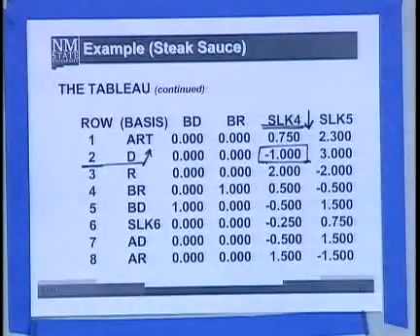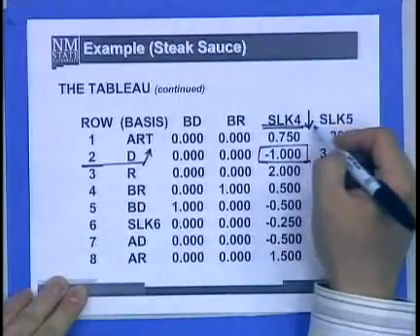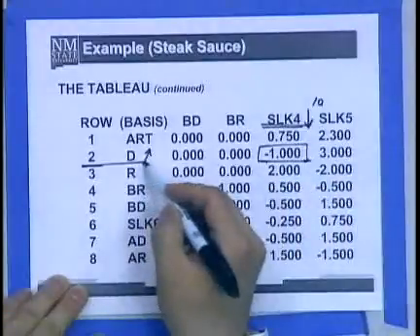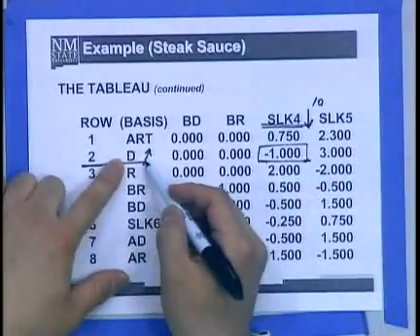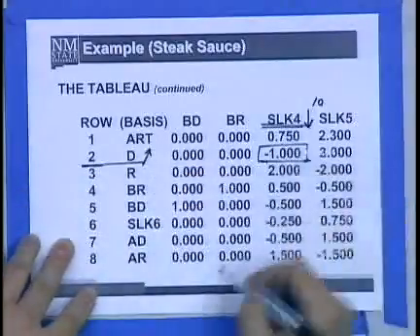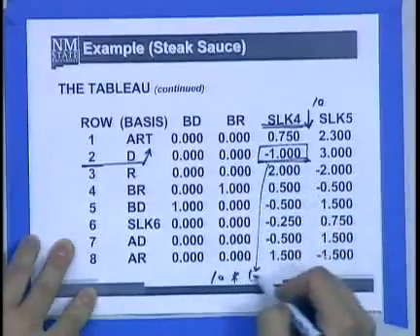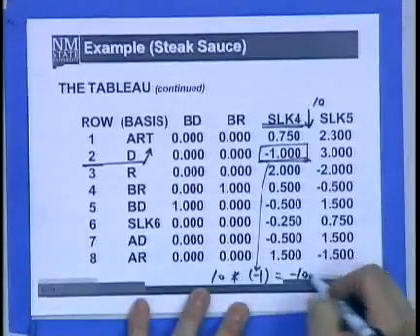So if the variable slack 4 were decreased by 10 units, the variable d, that is the quantity of Diablo produced, would be increased by 10 times this value, negative 1, which is negative 10.